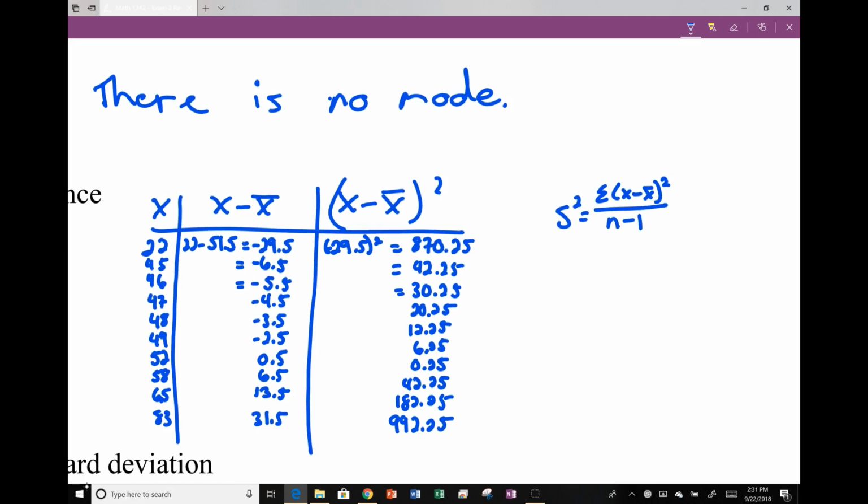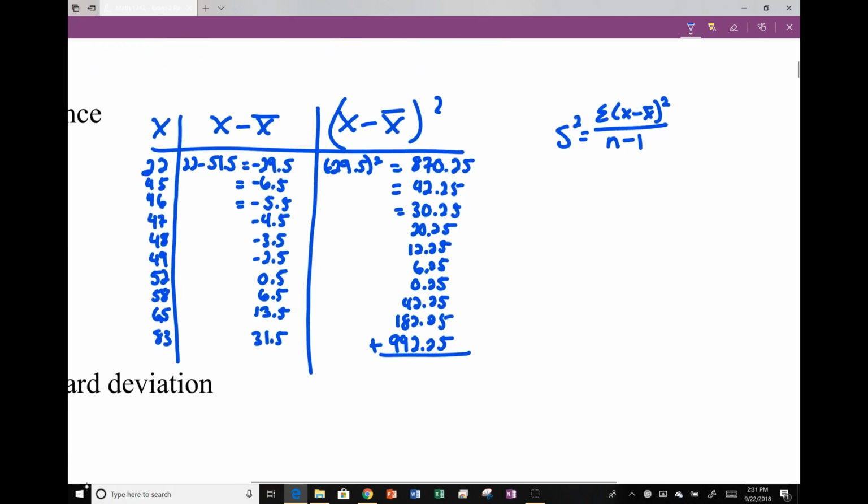Recall I'm dividing by n minus 1 because it is a sample. So what this is telling me to do is add up this last column, and again I don't want to round anywhere, so I get 2,198.50.